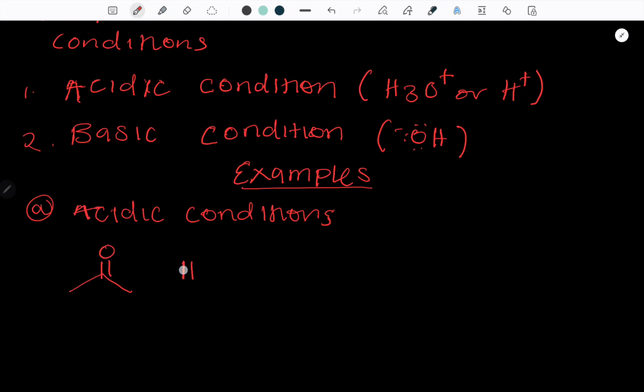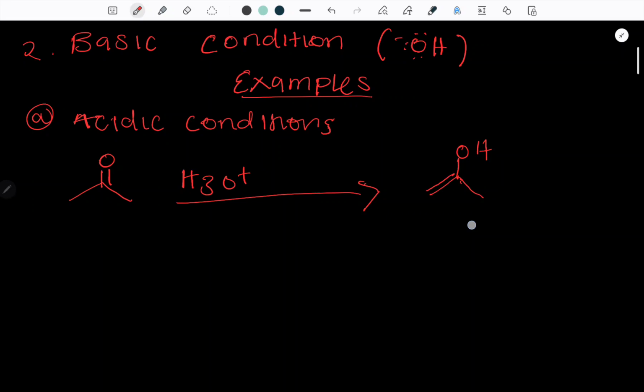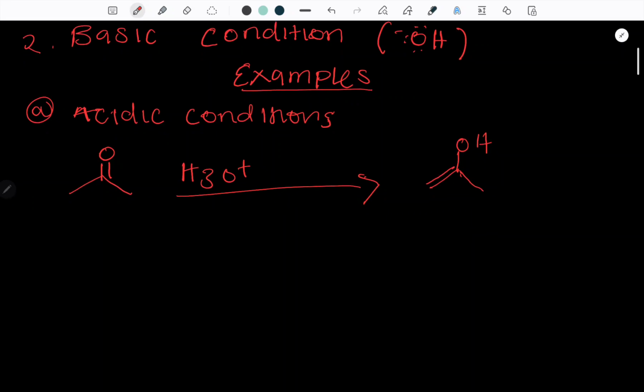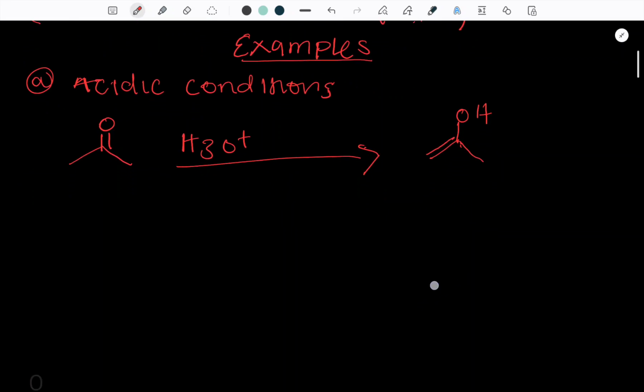Then they put H3O+. Automatically, our answer should be an enol. So in this case, we have this with a double bond like there. This is what we call enol formation.